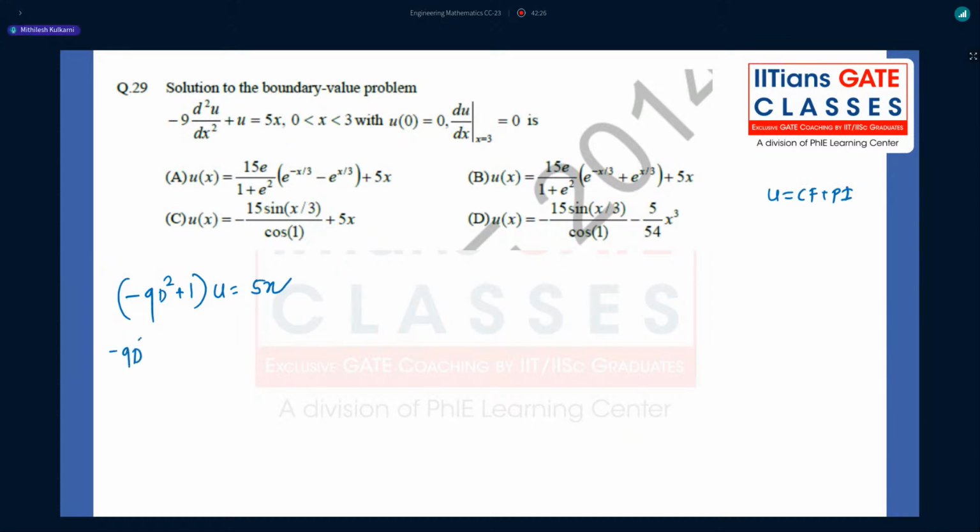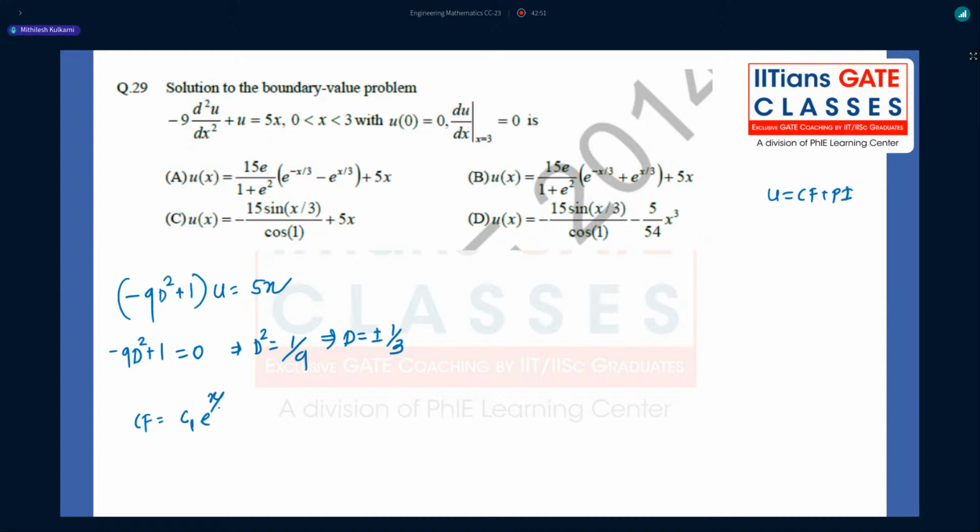9D square plus 1 equal to 0. You have to treat it as an algebraic equation. So D square equal to 1 upon 9. D will be equal to plus or minus 1 by 3. Okay. So the CF part here is C1 e to the power 1 by 3, sorry, 1 by 3 x.